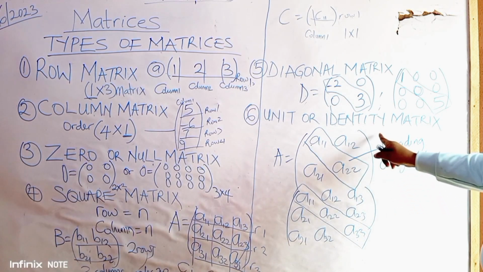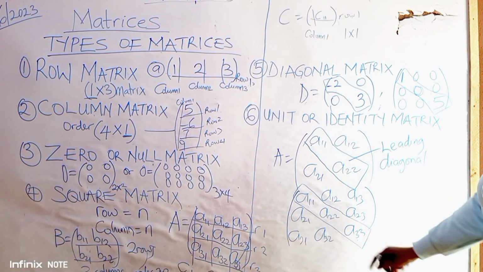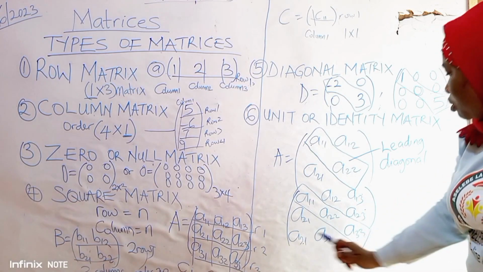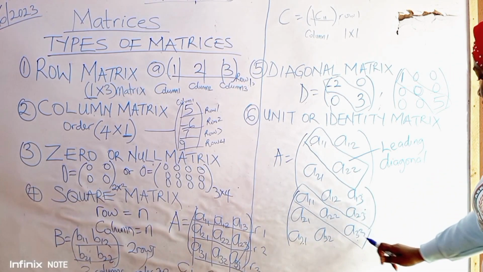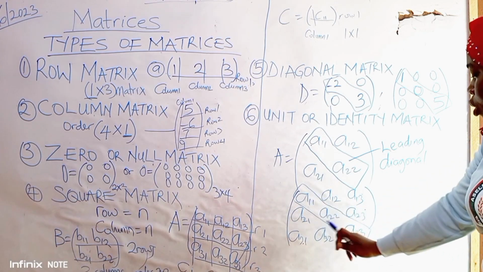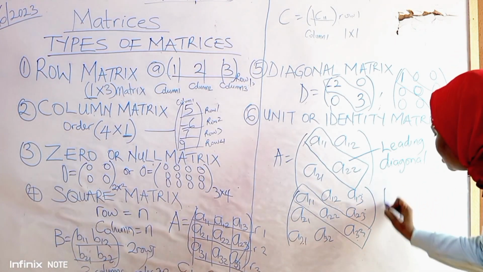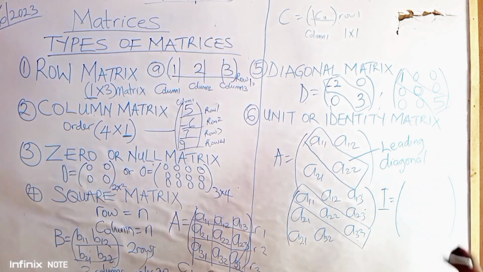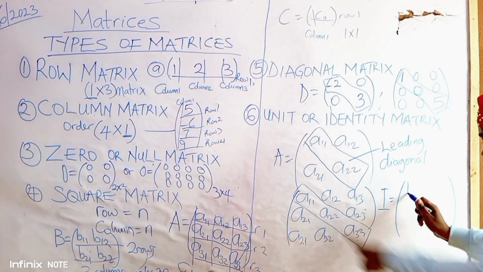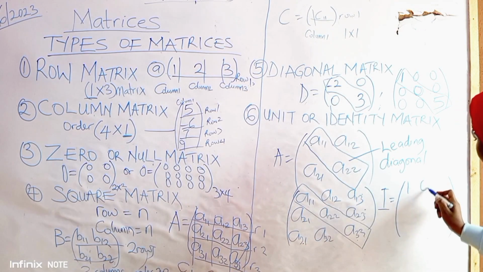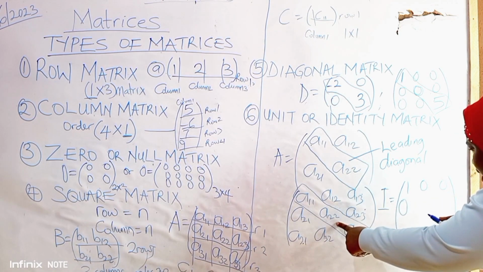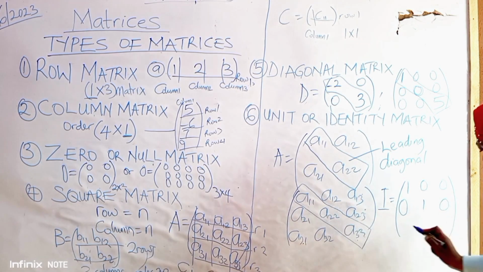Now, for it to be a unit or an identity matrix, every other element here will be 0, except those that are in the leading diagonal, that will be 1, 1, 1. We use I to denote that. For it to be an identity matrix, the first element here will be 1, followed by 0, 0. This side will be 0. A22 will be 1. Then A23 will be 0.